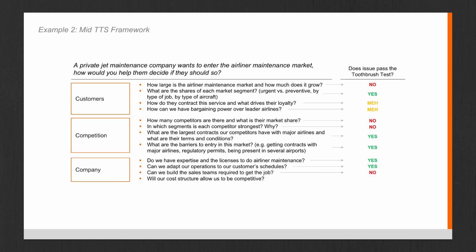No. I mean, sales is important in this business. It's nice that you were aware of it. You're not going to have a sales team in a toothbrush manufacturer, but you can talk about sales teams in pretty much any business that has salespeople. So, nice issue to bring up, important issue to bring up, but, as with many of the issues that did not pass the toothbrush test in this framework, it is not specific enough to differentiate yourself.